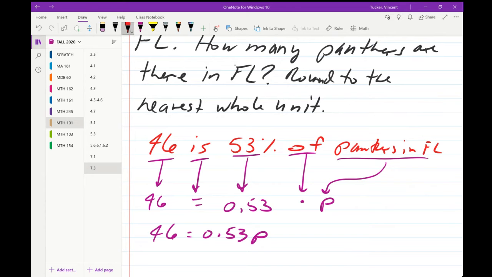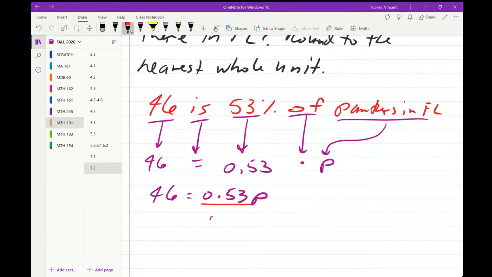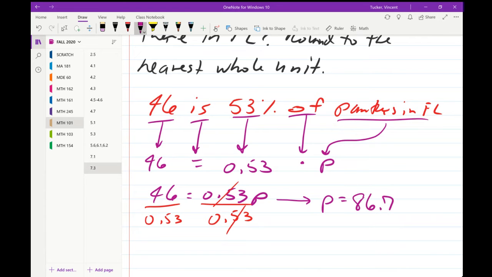All right, so once we're here, just divide by the 0.53 that's sitting in front of P. This means P is equal to 46 divided by 0.53, which is 86.79.